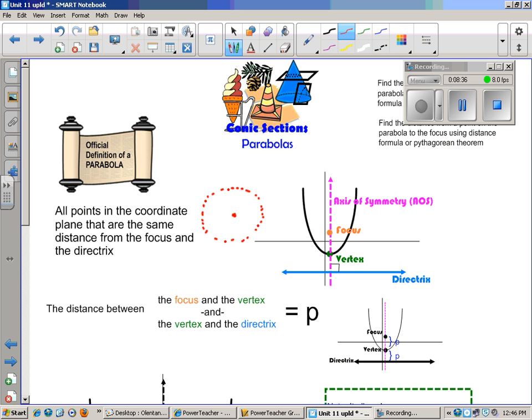So what I have tugging the parabola open is that a parabola is equidistant from the focus, which is this point in here, and a directrix, which is this line down here. Okay, so this distance is the same as this distance, but this distance, it doesn't really look like it, would be the same as that distance from here to here.